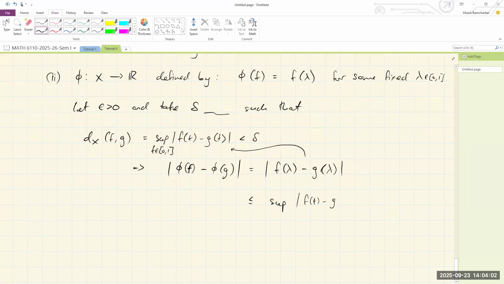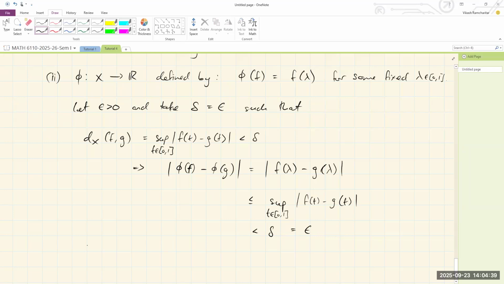The modulus of f of lambda minus g of lambda just corresponds to one possible value in that set that I'm taking the supremum over. Now the supremum over all these values, I assumed was less than delta. So now I need it to be less than epsilon, so I can set delta equal to epsilon.